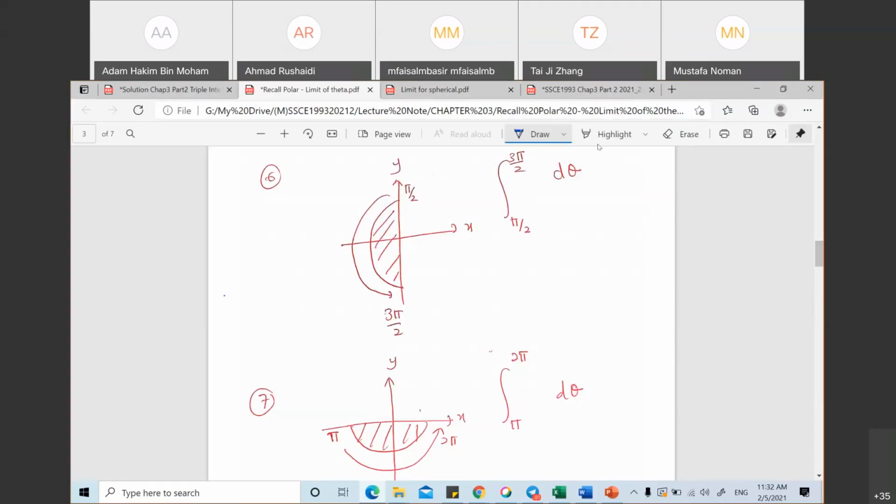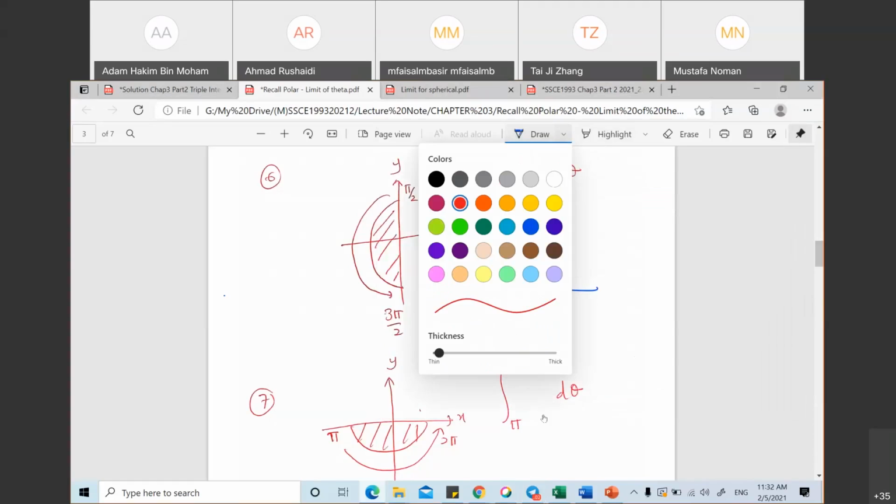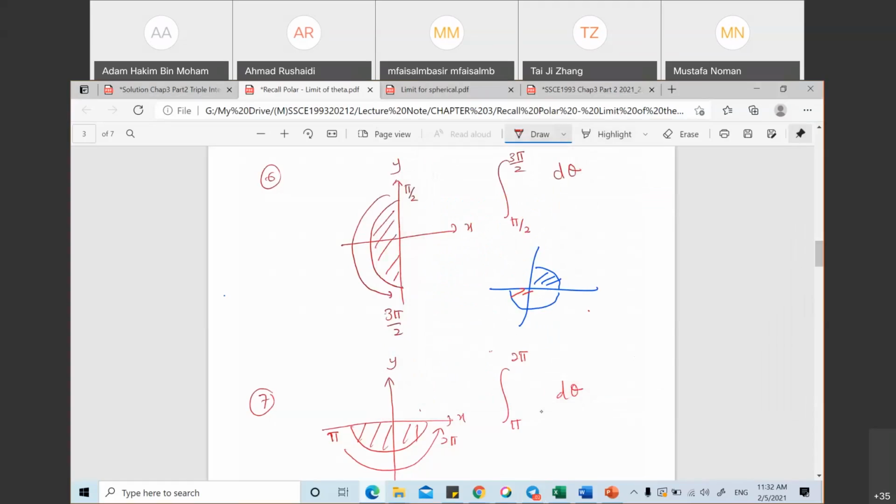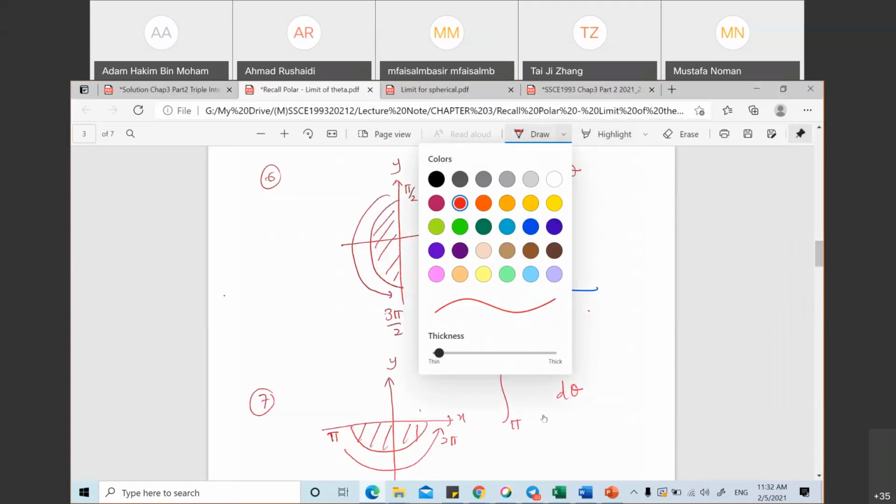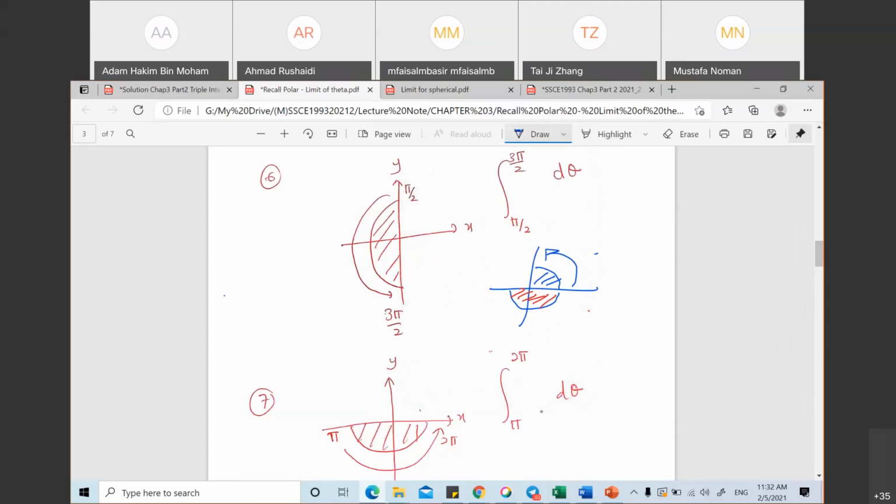For this case, again, one is here, another is here, correct? Yes, Doctor, it's in a different color. We have two regions. So the first region, as usual, 0 to pi over 2.